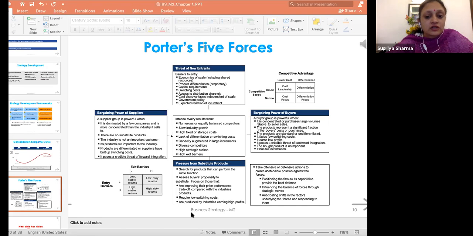Lack of differentiation or switching cost. Lack of differentiation. Differentiation means uniqueness. Switching cost means, this is again a term which we will keep using, switching cost. Switching cost is if I have to switch from one product to another.